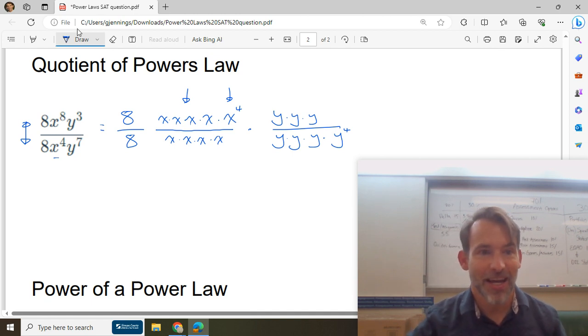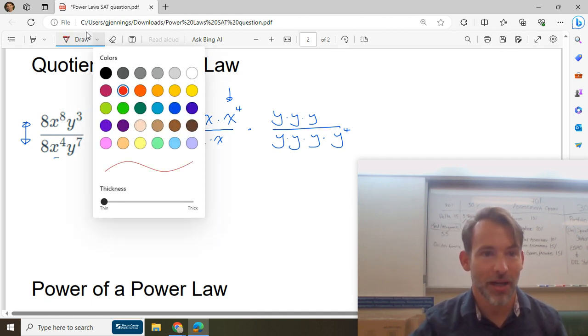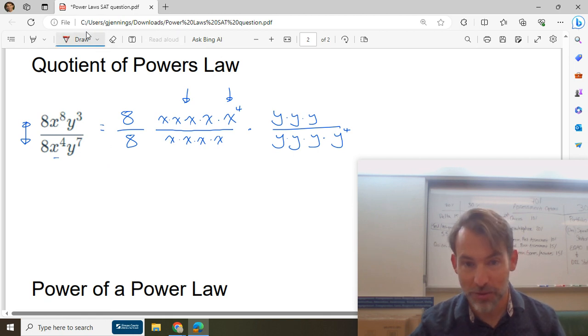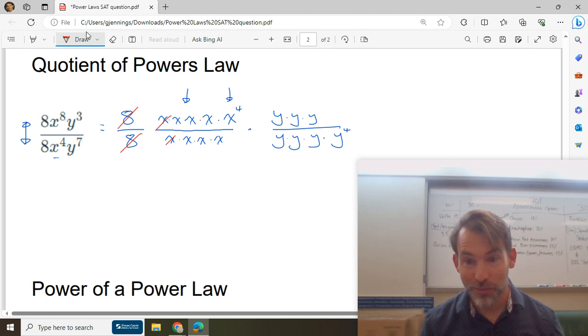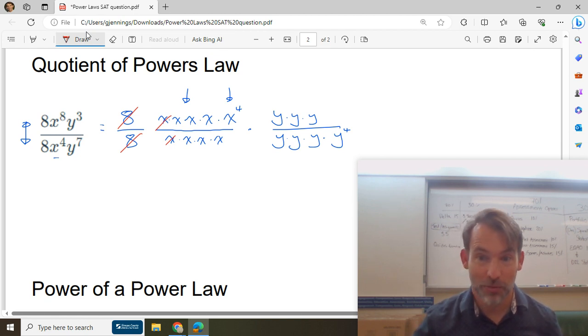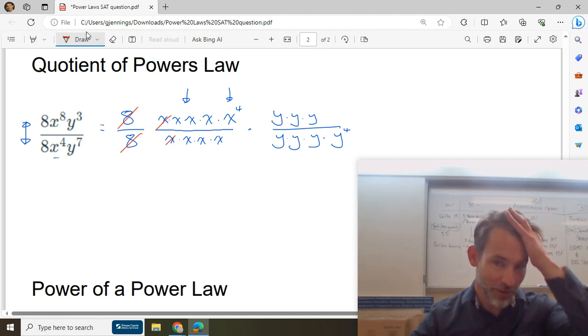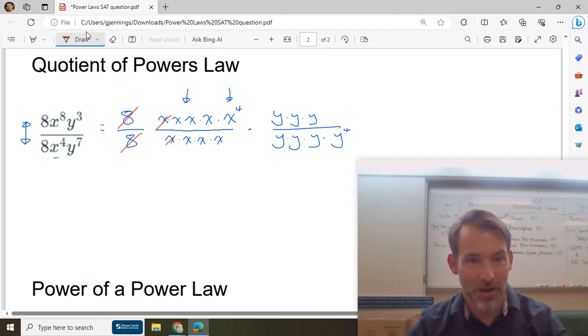Now I get to go out and get my cancel pen. This is my favorite pen to use. It's very handy. 8 divided by 8 cancels away to 1, so that goes away. x divided by x, it doesn't matter what x is. x is some number, and some number divided by itself is always 1. So that's going to cancel away and give us a 1. Same with this x divided by that x, and so on.